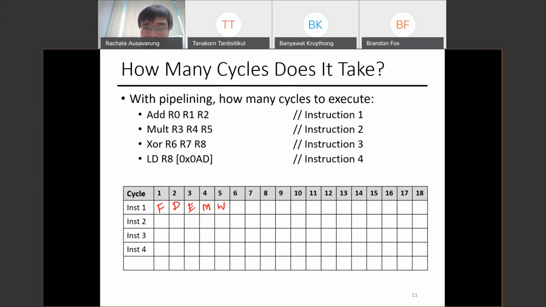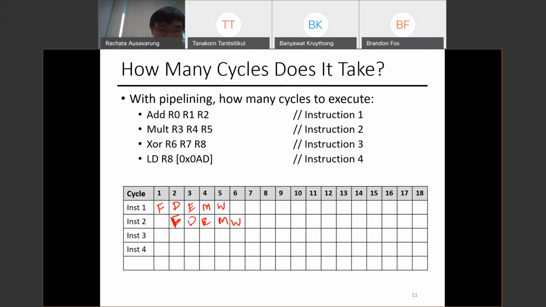So at what cycle can I do the second instruction? When can I start processing the second instruction? Cycle 2, right? The fetch unit becomes available over here. Yep. So you're going to fetch, decode, execute, memory, and write back.